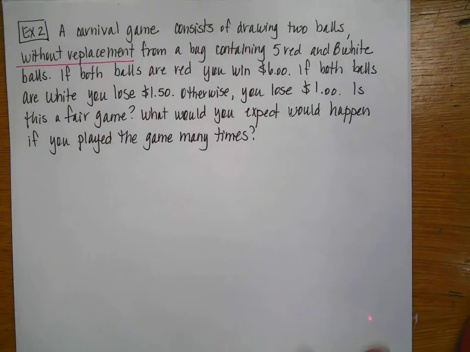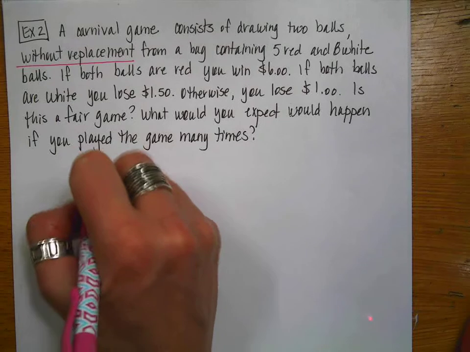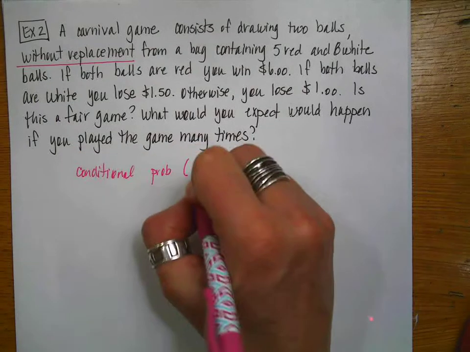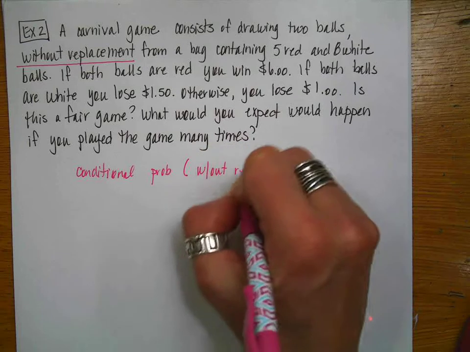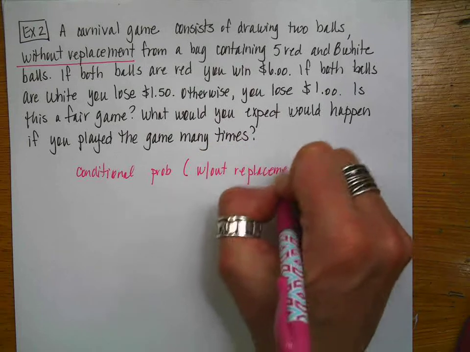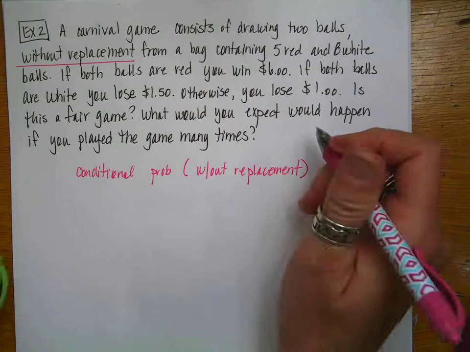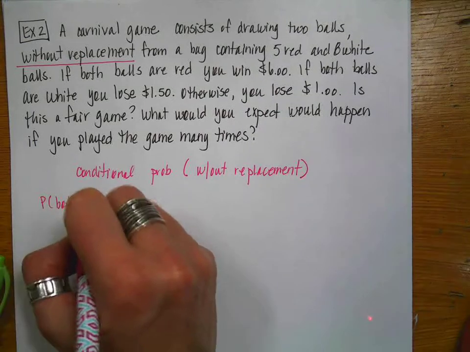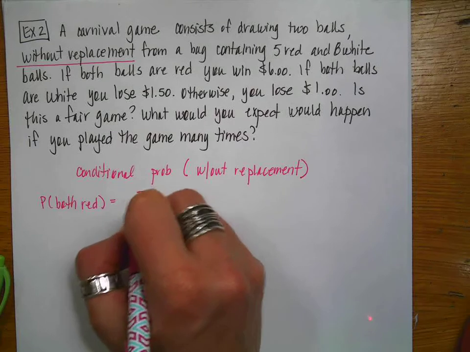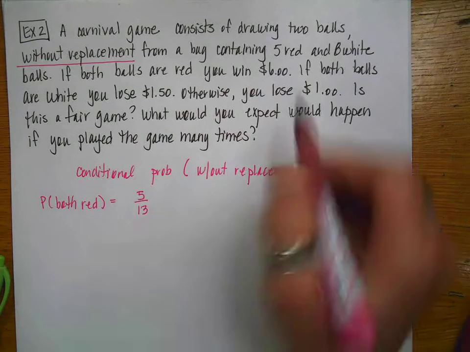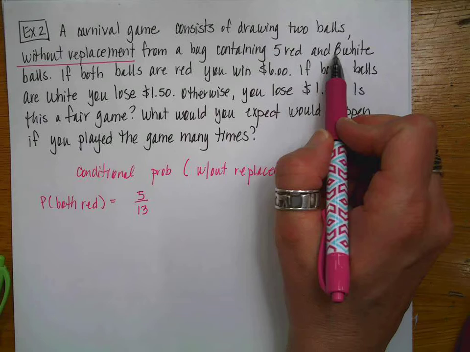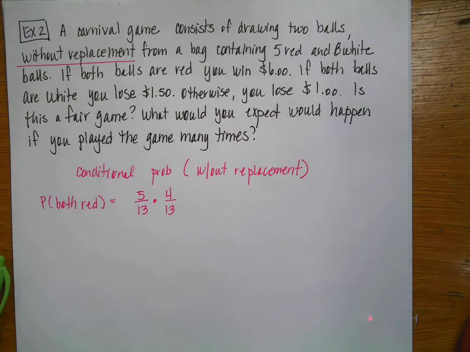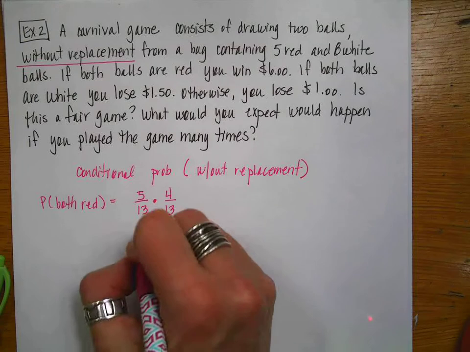Okay, so this is a conditional probability. And we're going to do this one without replacement. So remember, that means that on the next draw I have less to choose from. So the probability that both are red is going to be 5 out of 13, because 8 plus 5 is 13. 5 out of 13 on the first one, and then 4 out of 13 on the second.